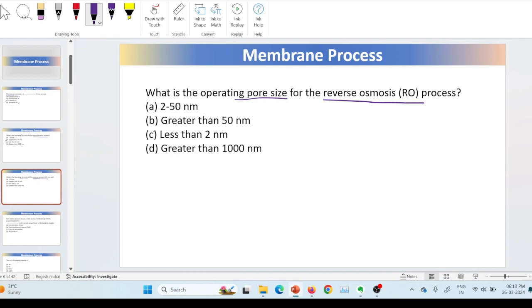It is a highly efficient membrane process, and it has pore size less than 2 nanometer, and it requires more pressure. So we have RO, nanofiltration, ultrafiltration, and what did we study in the last? Microfiltration.